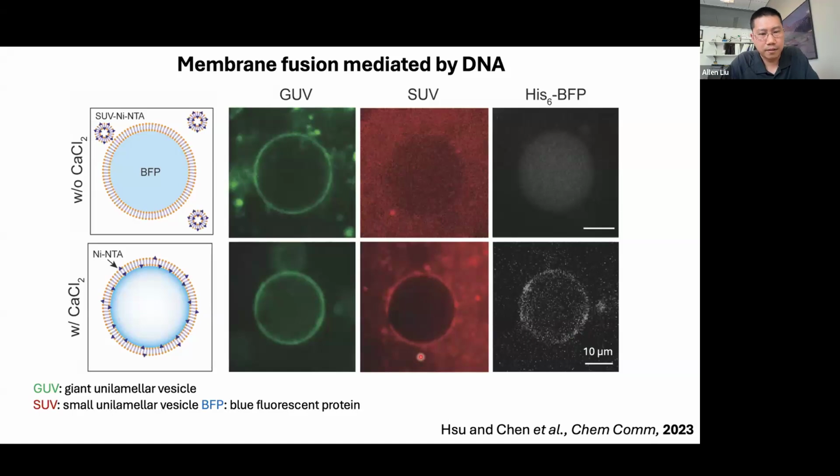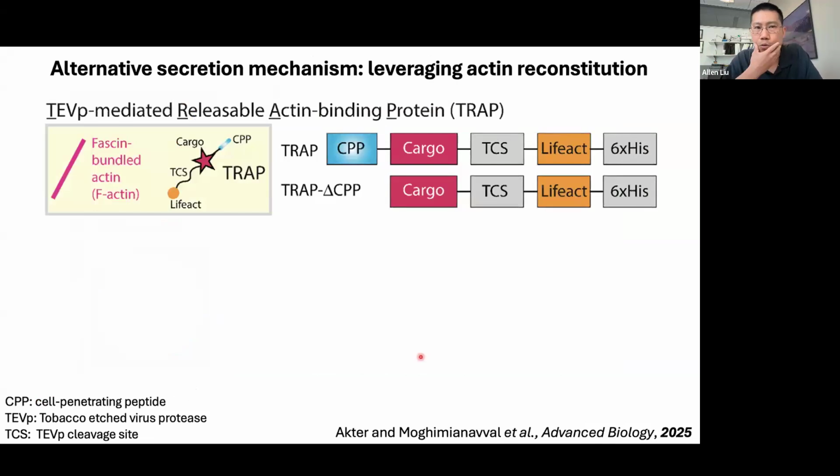So I think this is the end of the one mechanism of secretion. I want to switch gears and talk about an alternative secretion mechanism that brings us back to the actin reconstitution work that I showed you at the beginning. We came up with this idea of releasing a component by cleaving off actin-bound cargo.